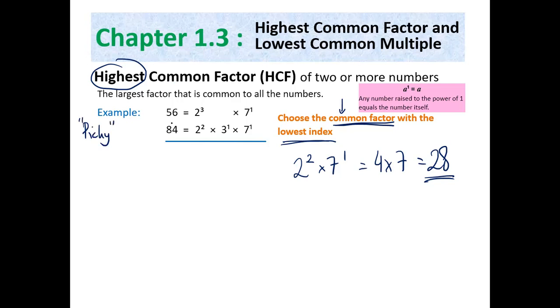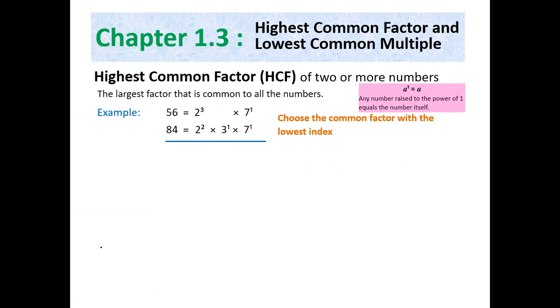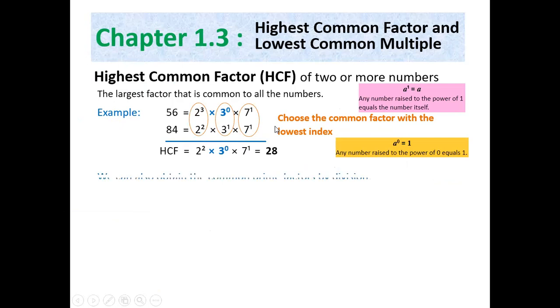Picky means choosing carefully, a bit stingy. So of 2 cubed and 2 squared, you just pick 2 squared. For 3 to the power 1 there is nothing, so you pick nothing. 7 to the power 1, 7. And that's how you do the highest common factor. For 2 squared and 3 to the power 0, don't pick anything. No need to think about the 0, just ignore it. And that's the HCF, right?